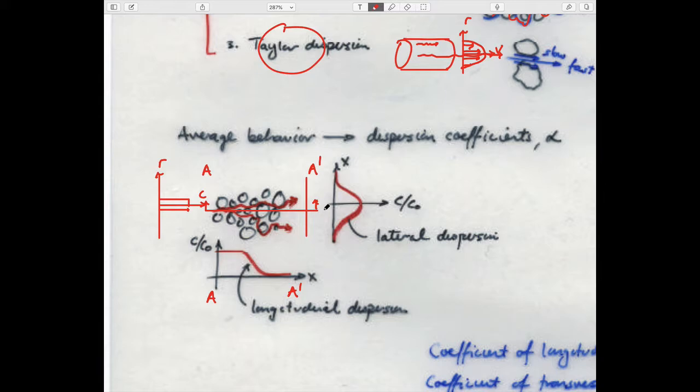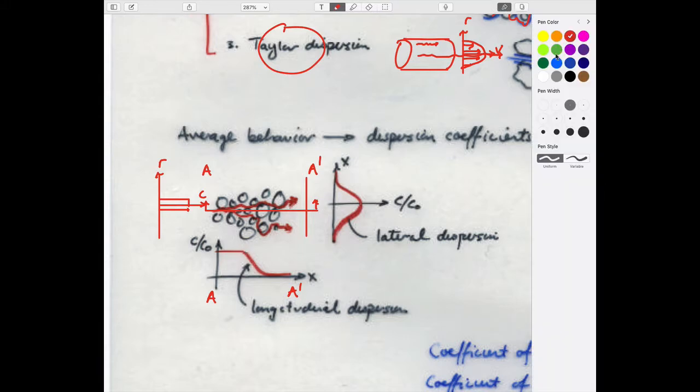There's this longitudinal spreading, which is, if there's no longitudinal spreading, I suppose you'd expect this to look like plug flow, and this to look like plug flow as well.